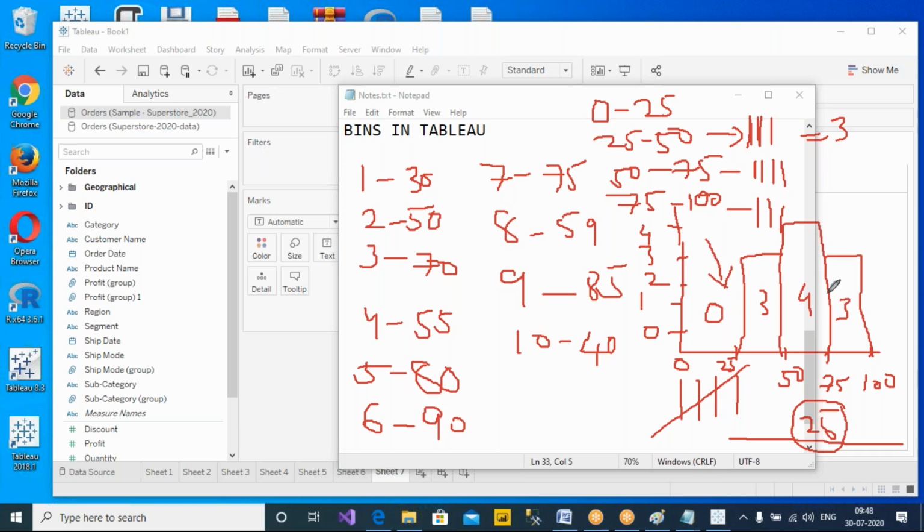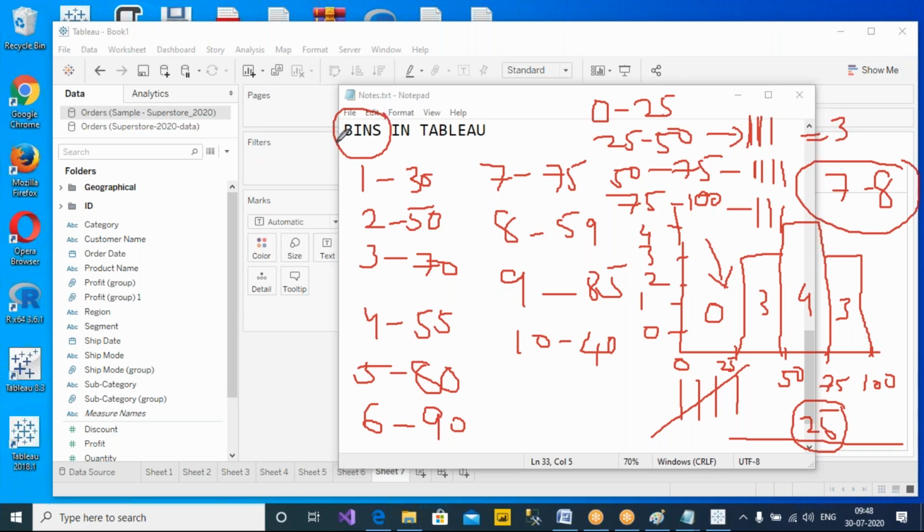So this type of chart is called a histogram chart. This is not Tableau related, please. This is a mathematical chart which we learned in our high school, maybe between 7th to 8th classes. The same thing is available in Tableau with the name bins.